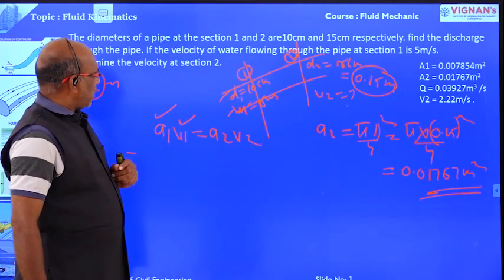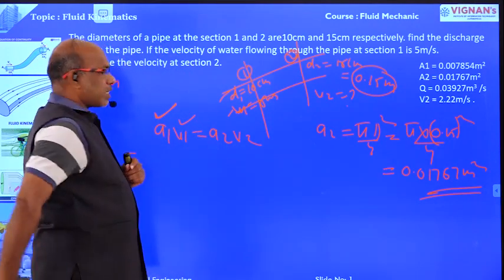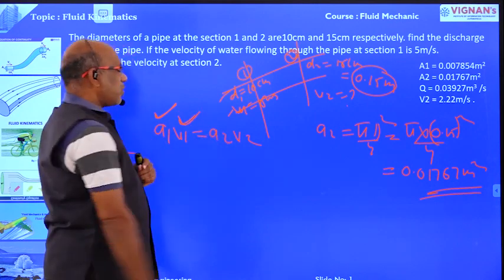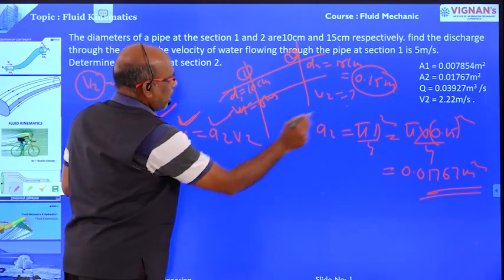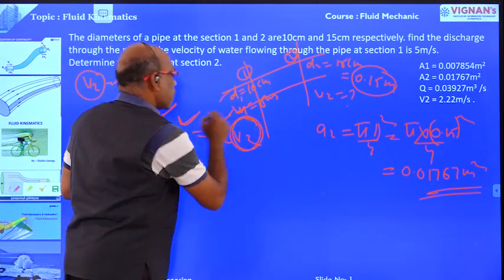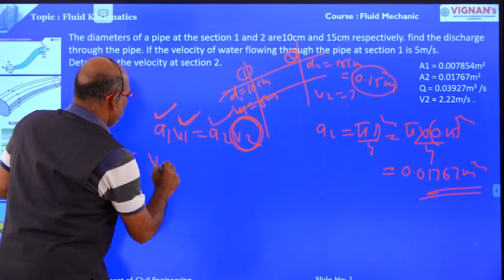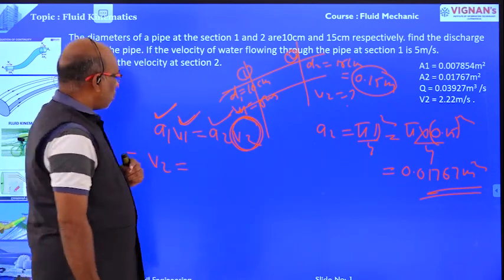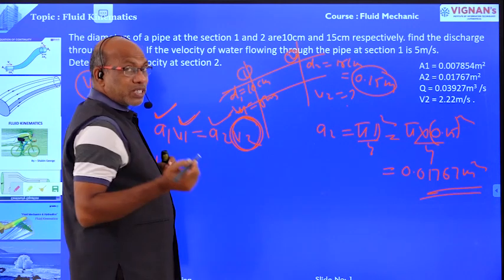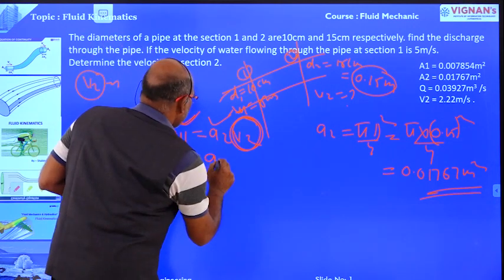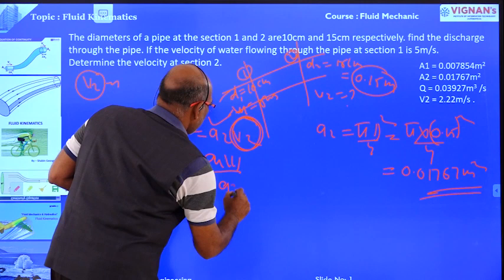In this equation, A1 we have already determined, the velocity at section 1 is given, and A2 is determined here. The only unknown is V2. Therefore the velocity at section 2-2 is equal to A1 V1 divided by A2.